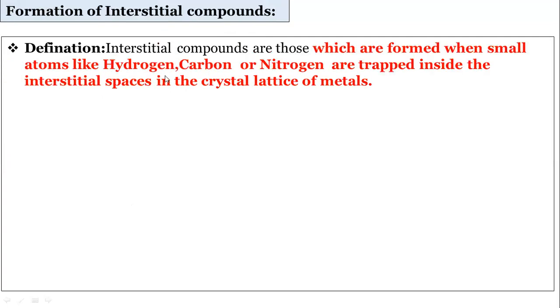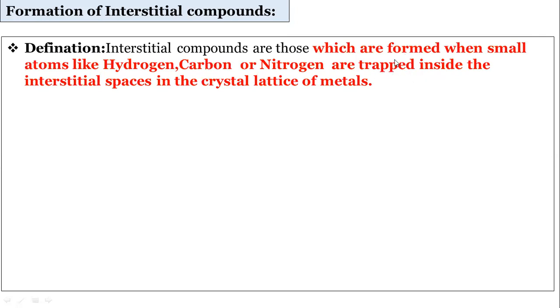Then the formation of interstitial compounds. What is meant by interstitial compounds? I will explain the definition first. Interstitial compounds are those compounds which are formed when small atoms like hydrogen, carbon and nitrogen are trapped inside the crystal lattice of these metals.